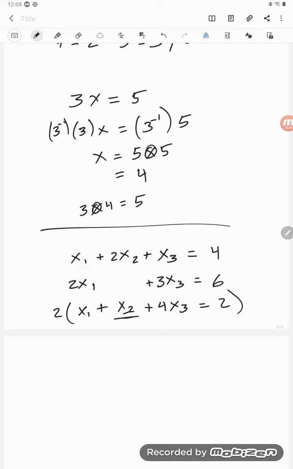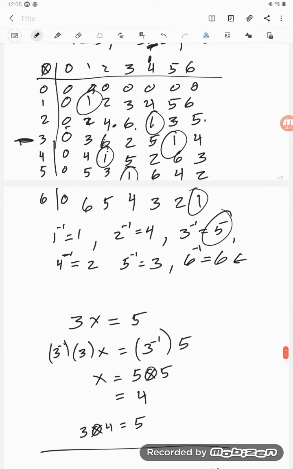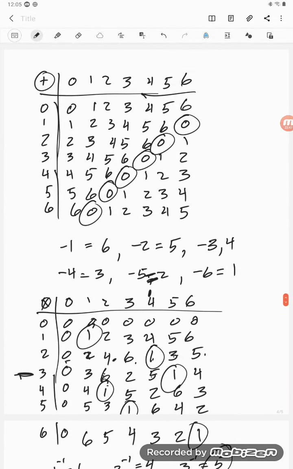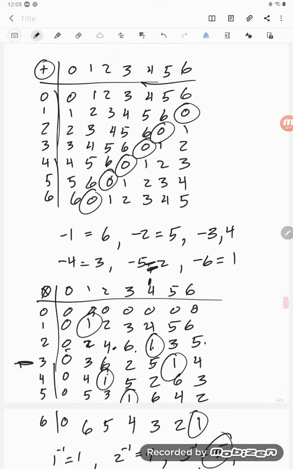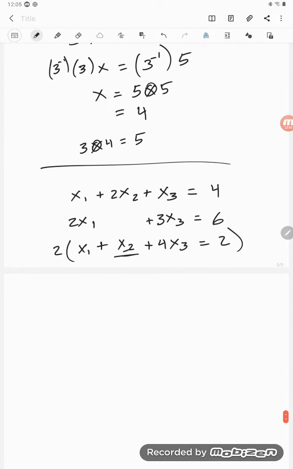Well, actually, better yet, instead of 2, what is the additive inverse of 2? I have to come back up here. The additive inverse of 2 is 5. So actually, let's do that. I'm going to multiply that bottom row by 5. And that will give me the system of equations. x1 plus 2x2 plus x3 equals 4.